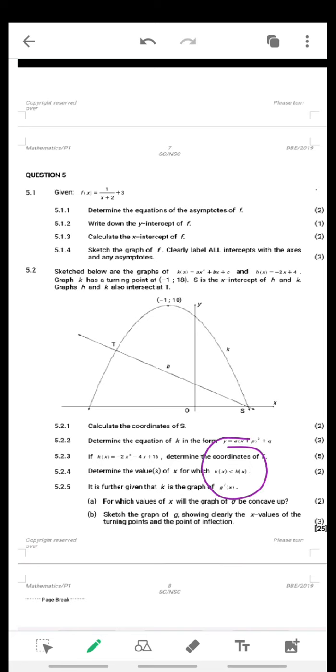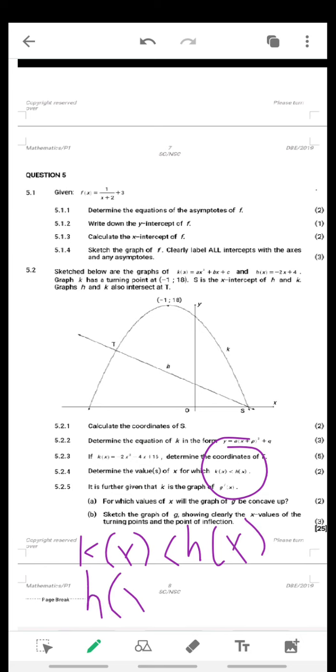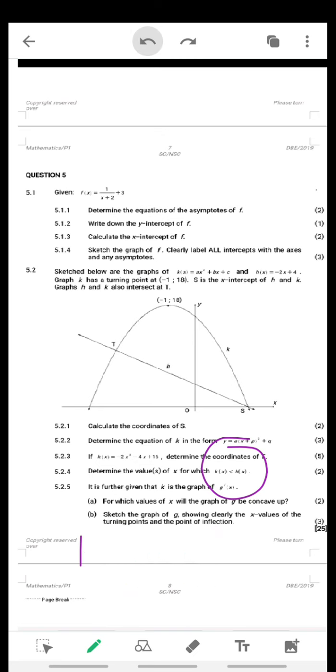They wrote it as k of x less than h of x, or you can say h of x greater than k of x. But what is the meaning of this? The meaning of all of this is: find the values of x where the graph of h will be on top of the graph of k.